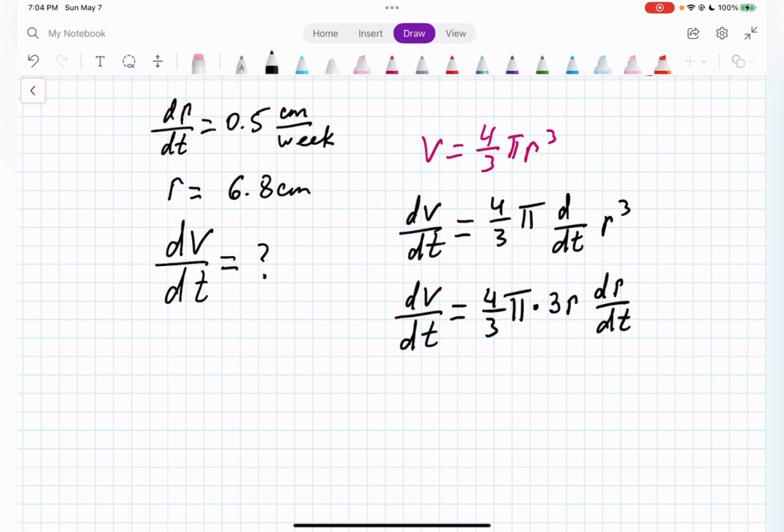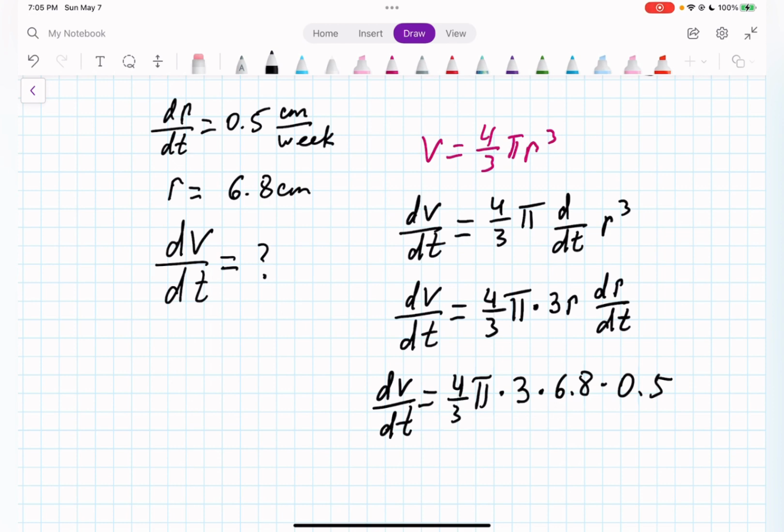We are going to plug in. So dV/dt is going to be equal to 4 over 3 pi, for the moment of 6.8, right, 3 times 6.8 and times dr/dt, which is 0.5.